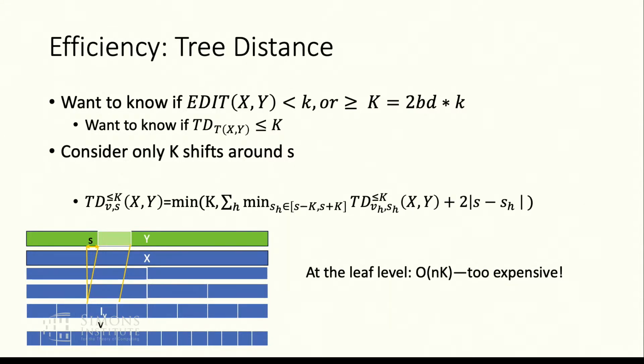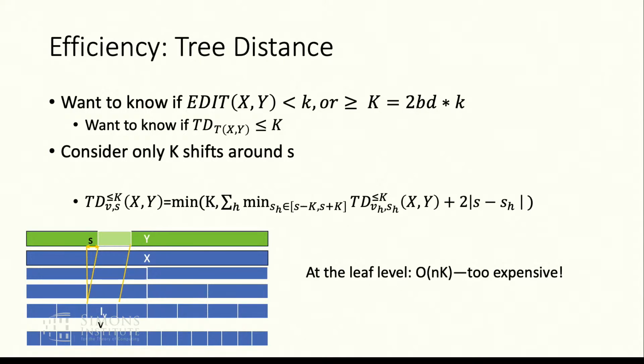It has n leaves. You have to consider k shapes around each of these leaves, which means your computation even at the leaf level is order nk. And if your capital K is too large, then it's very expensive. So you cap it, which is great, but just capping doesn't help you get a good efficient algorithm.